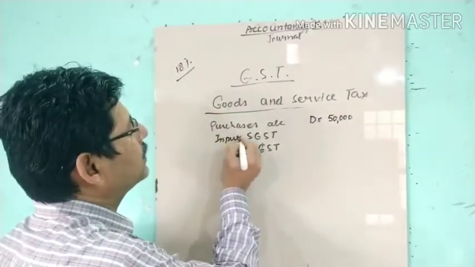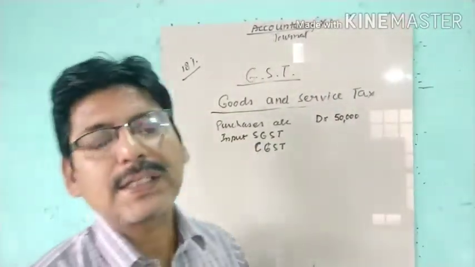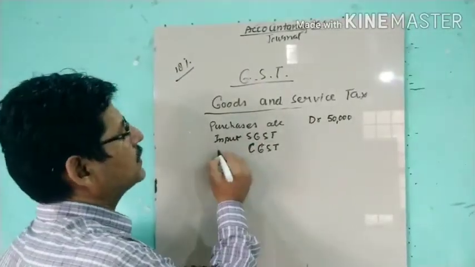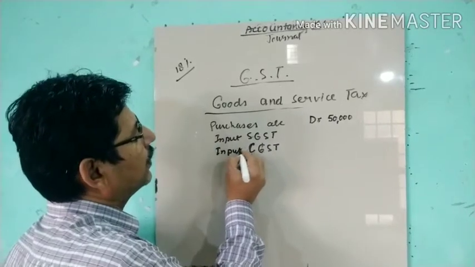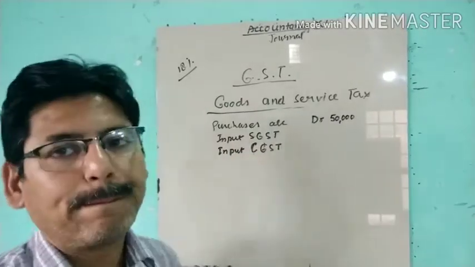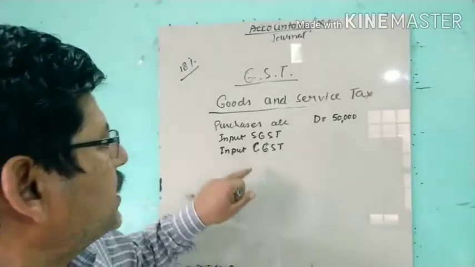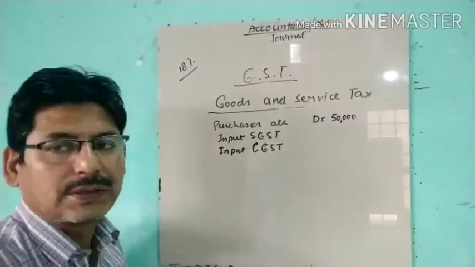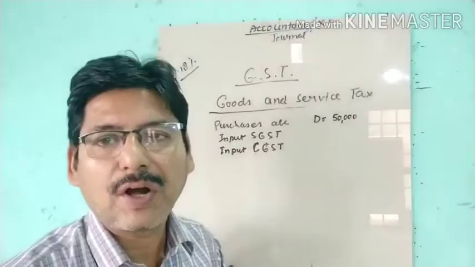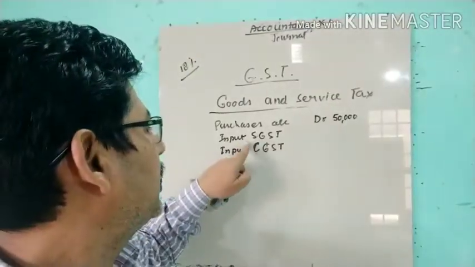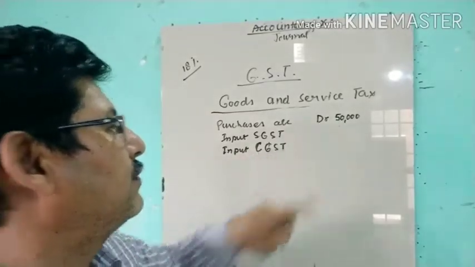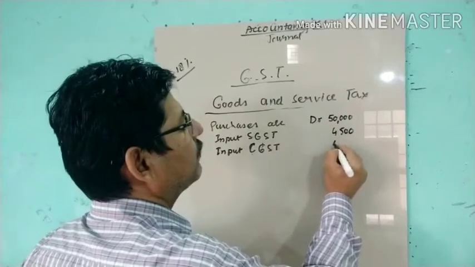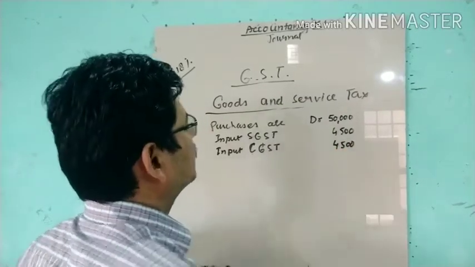We have to categorize it because we have to adjust this input with output. So input SGST and input CGST. This is 18% total, that is 9,000, or we can say 9% and 9%. 9 fives are 45, so 4,500 SGST and 4,500 CGST.